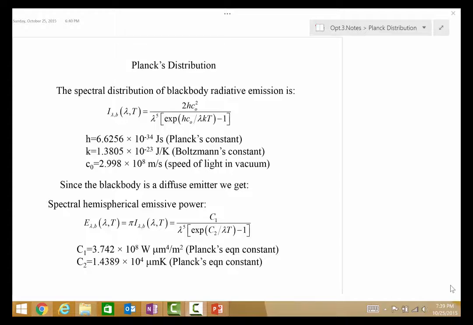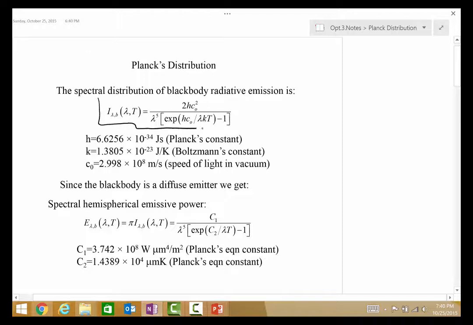Planck, interestingly, used the same approach as Rayleigh-Jeans, but used an important quantization of energy rather than equipartition, and because of that was able to fit, essentially empirically, the model. So the model that we have today, the spectral distribution of blackbody radiative emission, is given his name and is termed Planck's distribution.